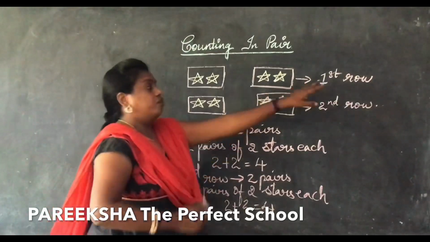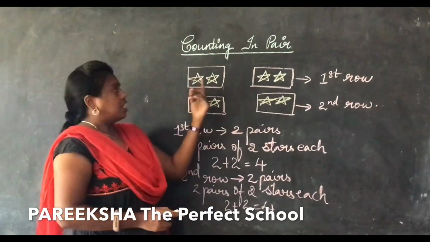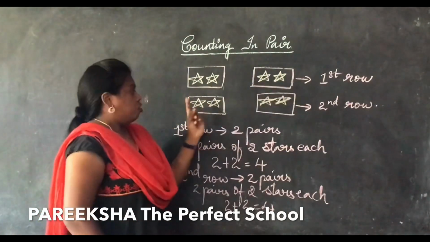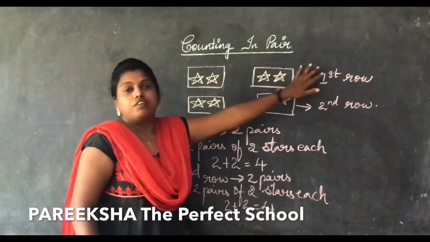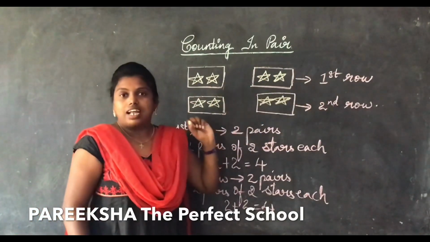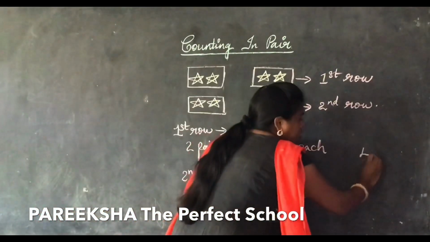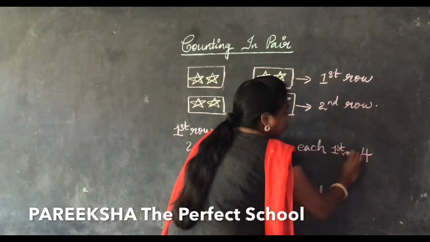All together, in the first and the second row, how many stars are there? Let us count now. 1, 2, 3, 4, 5, 6, 7, 8. We have 8 stars. So, in the first row, how many are there? In the first row, we have 4 stars.